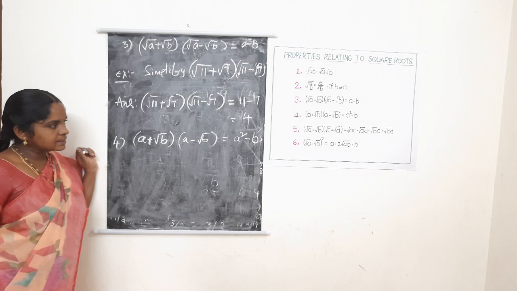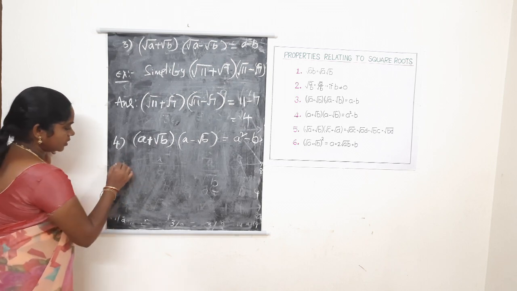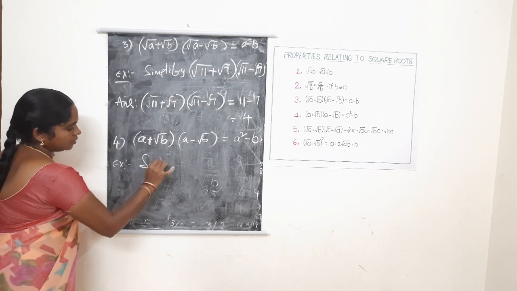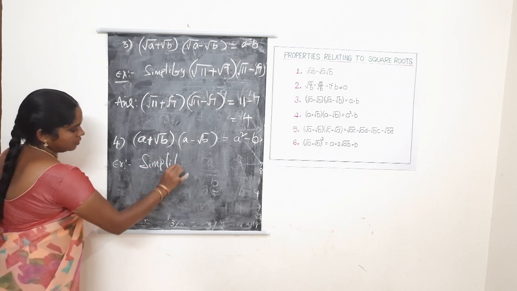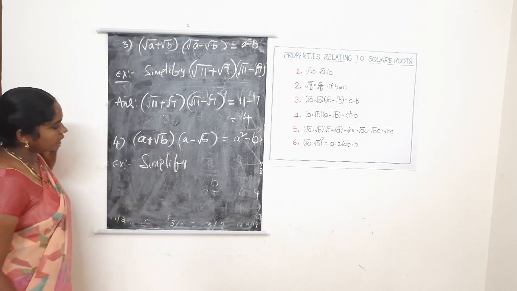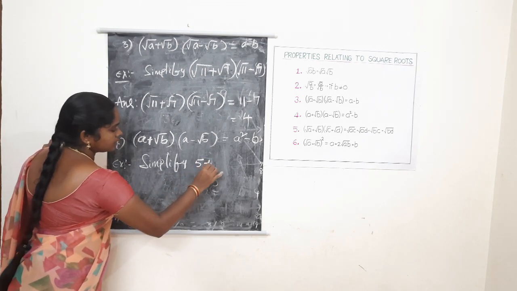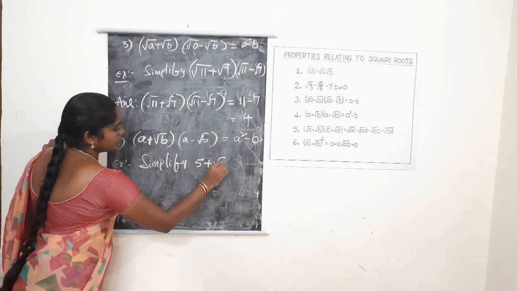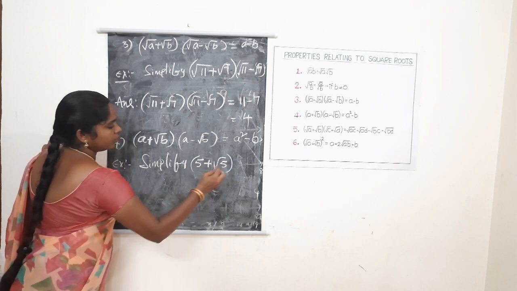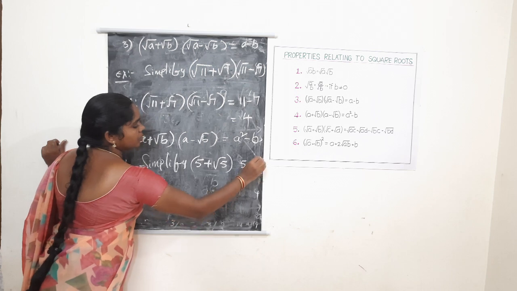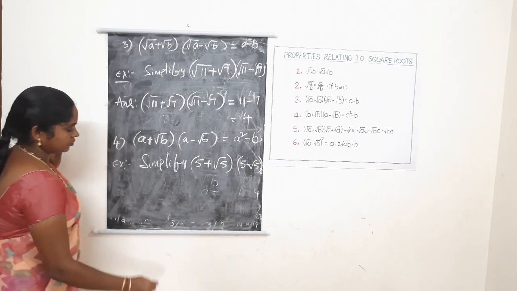So let us see one example. Simplify 5 plus root 5 into 5 minus root 5.